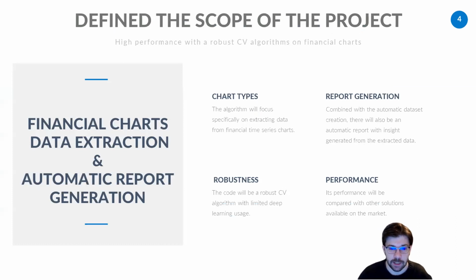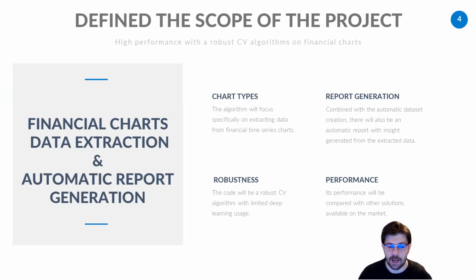For the second point, defining the scope of the project, one of the biggest parts of the project is that I do not want to use deep learning like everyone else is using in most of these researches.